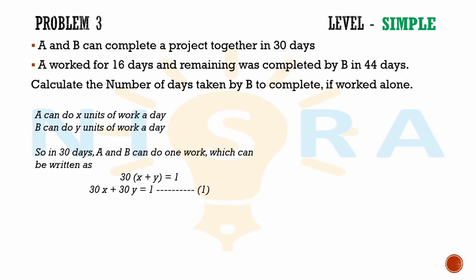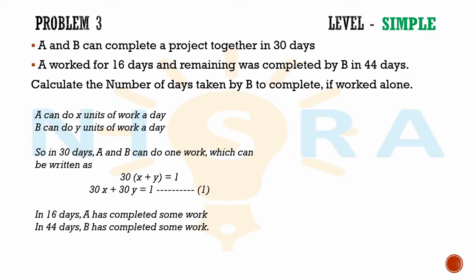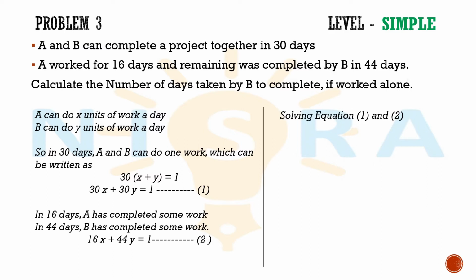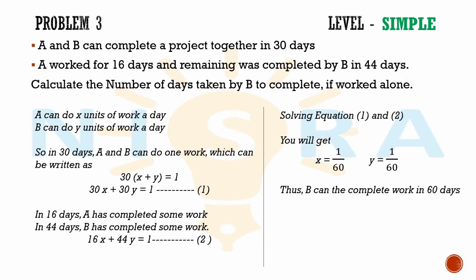Based on the second statement in our problem, we can conclude in 16 days A has completed some work, in 44 days B has completed some work, which can be written as 16x plus 44y equal to 1. Now we have two equations. Solving equation 1 and 2, you will get x is equal to 1 by 60, y is equal to 1 by 60. Now, based on this, we can conclude that B can complete a work in 60 days.